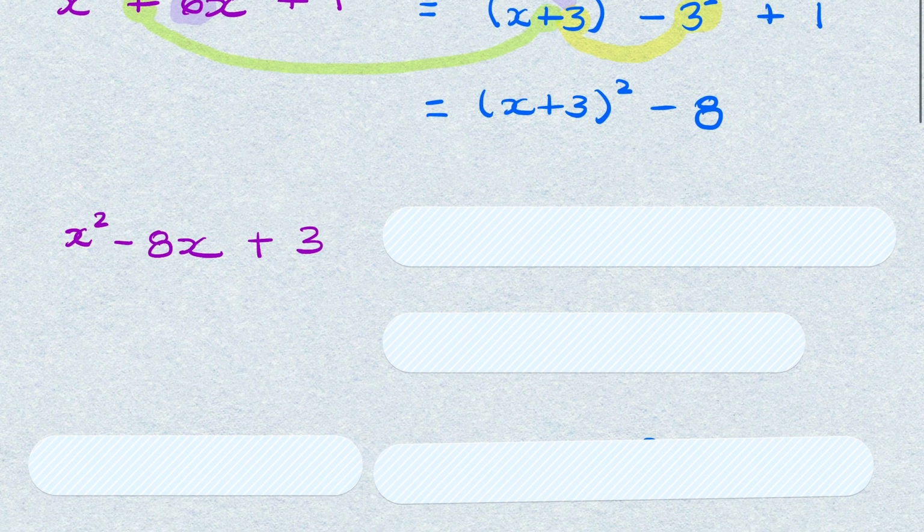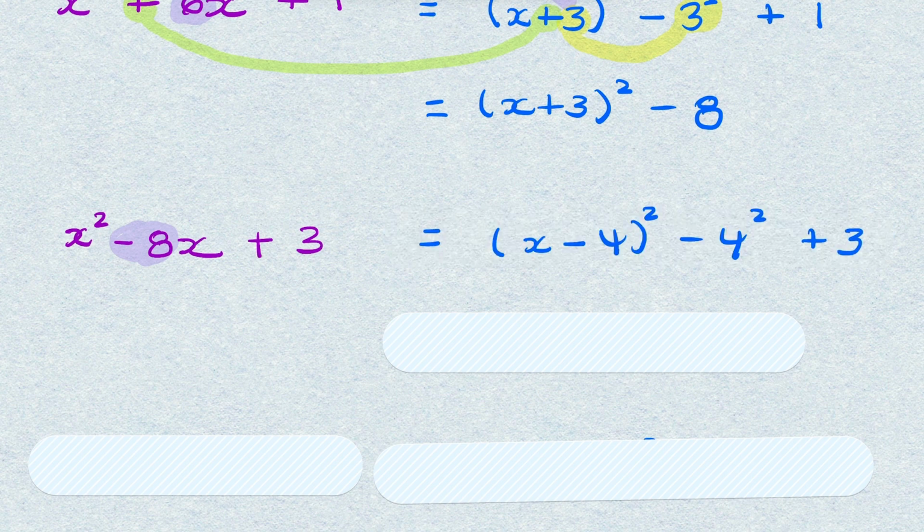Next example, very similar. We take the negative 8 and we divide that by 2. So minus 8 divided by 2 will give me negative 4. So that's this, negative 4. You keep the same sign. So let me just clarify that I'm dividing by 2. And then this same number, I subtract that number squared.